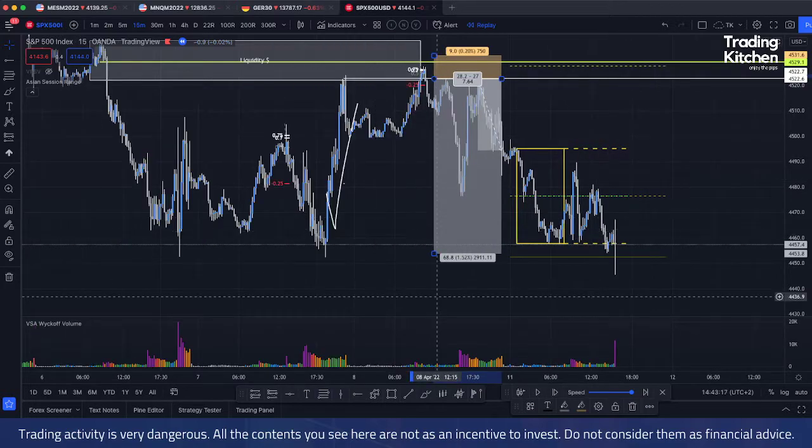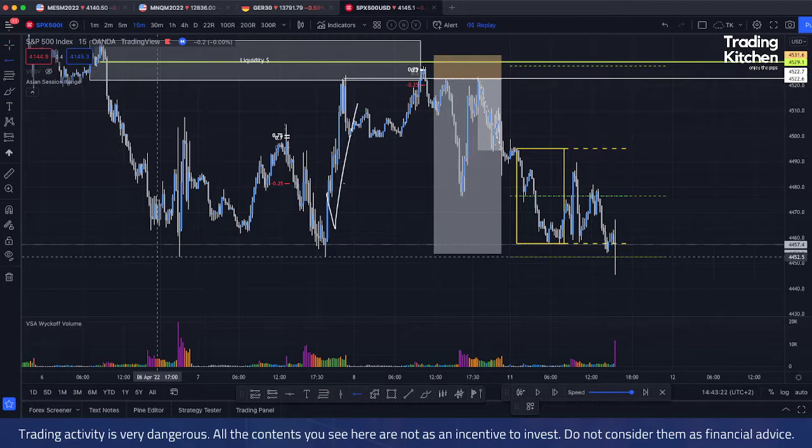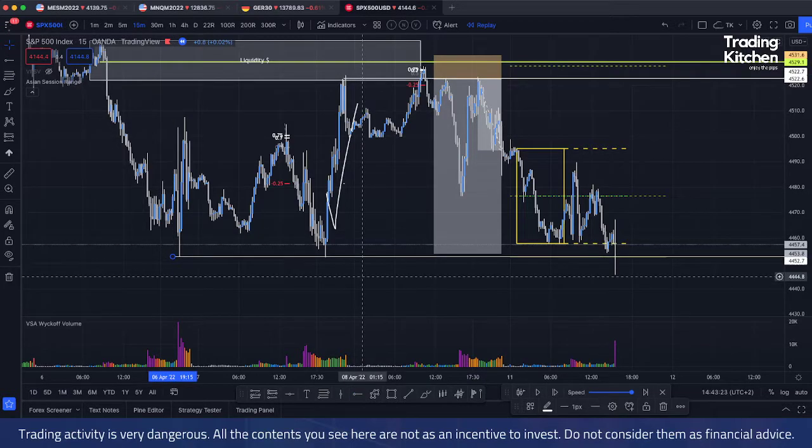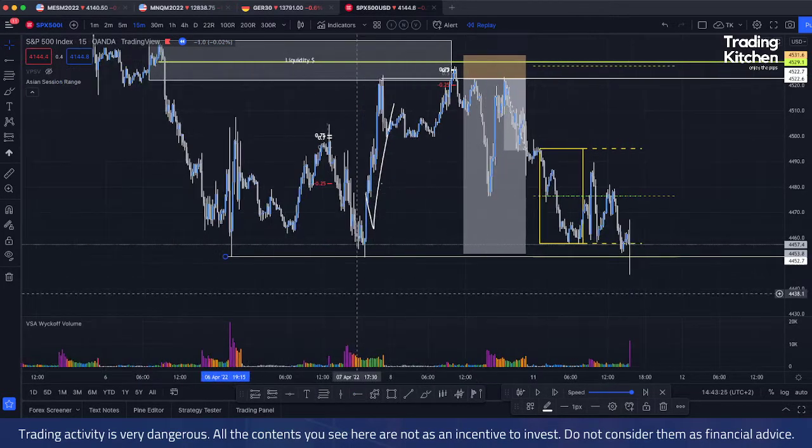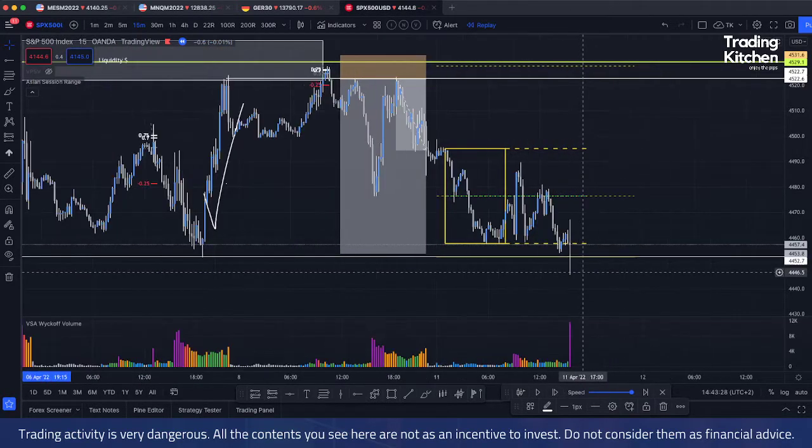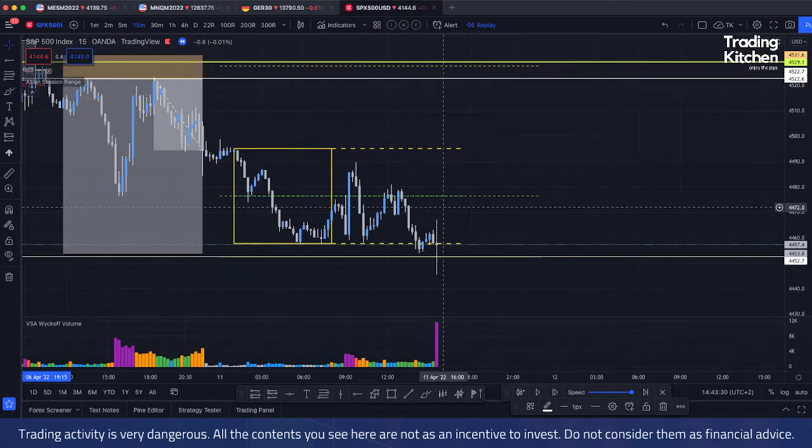Why did I set my TP here? Because here we have another very good liquidity pattern. Here there is liquidity, and as you can see, this is another possible trade. Very good, because we have a double bottom and the liquidity grabbing.